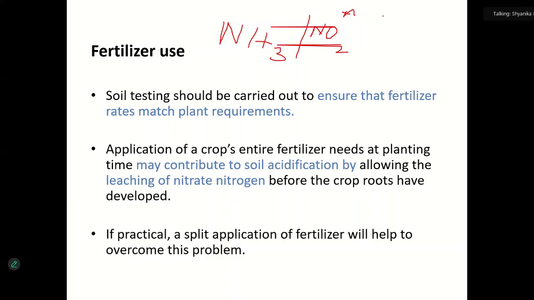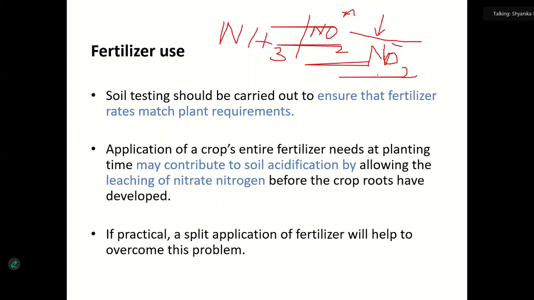What happened? After we apply the fertilizer, this nitrogen in the fertilizers dissolved in soil water, and they convert into nitrite ions, NO2 minus, and nitrates, NO3 minus, right?